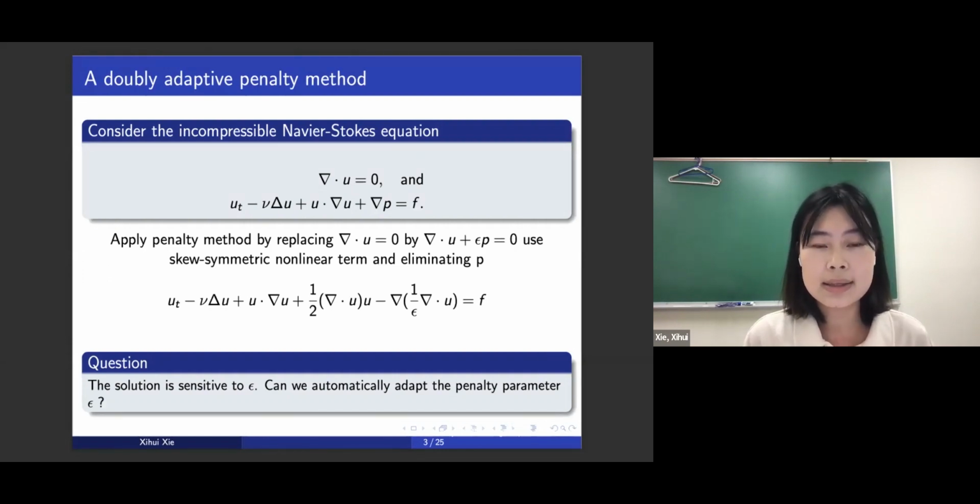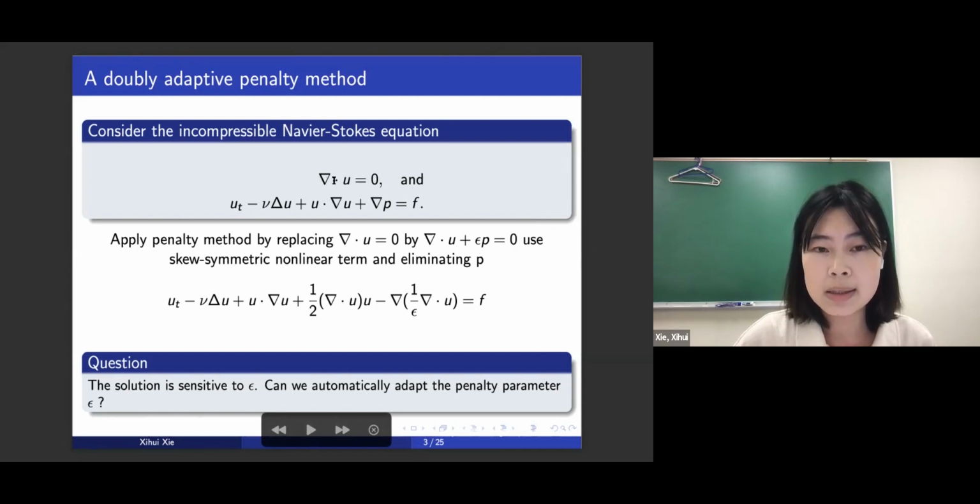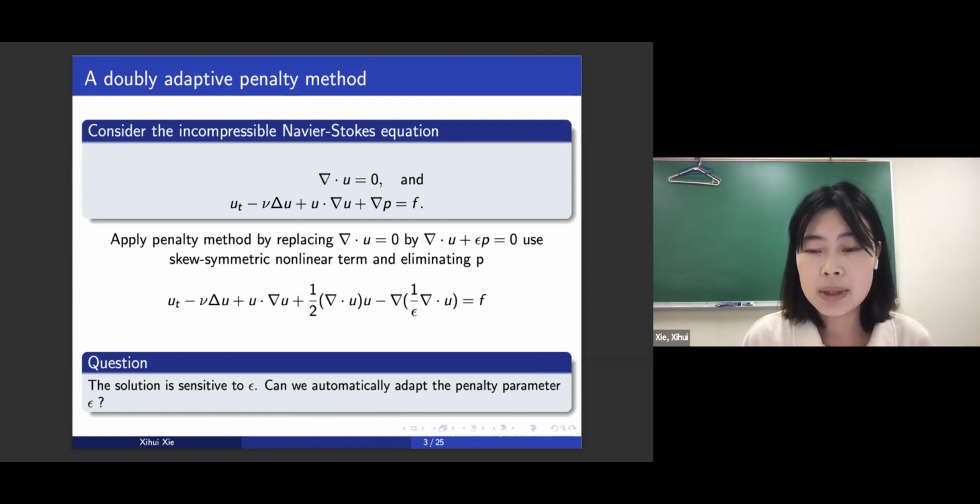Here we consider the incompressible Navier-Stokes equation. It is time dependent, and we compose with this incompressible condition div u equal to 0. We apply the penalty method, that is by replacing div u equal to 0 by div u plus epsilon p equal to 0. Here epsilon is called the penalty parameter.